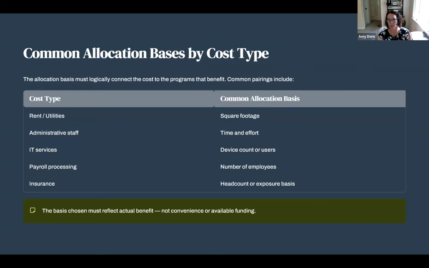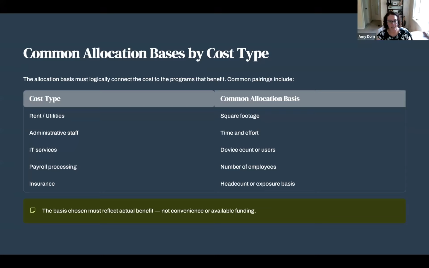You can get down to the level of allocating people by the number of checks that they run per program, number of transactions they process for each program, but that is administratively really difficult for the agencies to do. So in consulting work, I encourage them to come up with a method that is supportable, but that does not add so much administrative burden that it makes it very hard for them to keep up with and track.